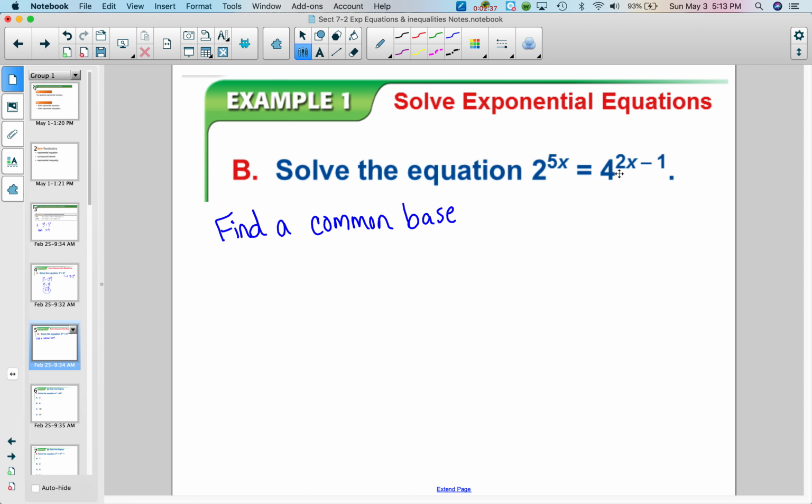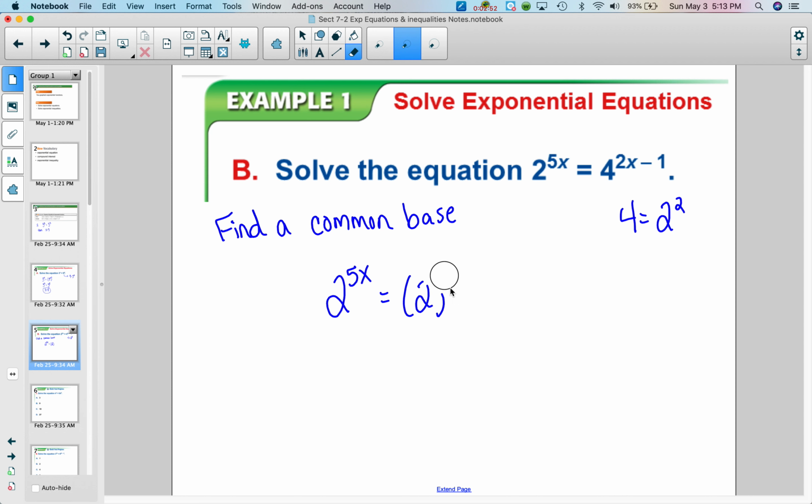So I can change this 4 into a 2 squared, because then I would have a common base. I'm not changing the left-hand side, but on the right-hand side, I'm changing the 4 to a 2 squared. So we have 2 squared, and then that's raised to the 2x minus 1 power.